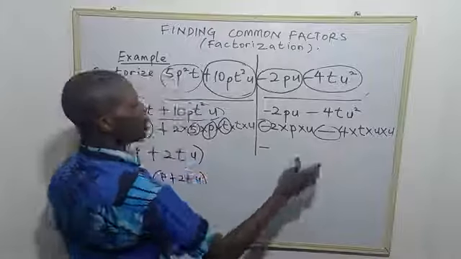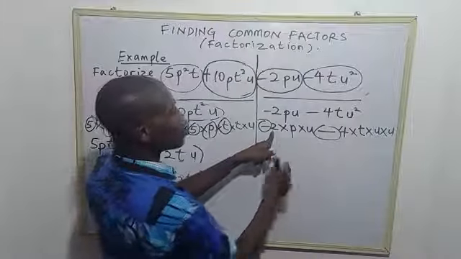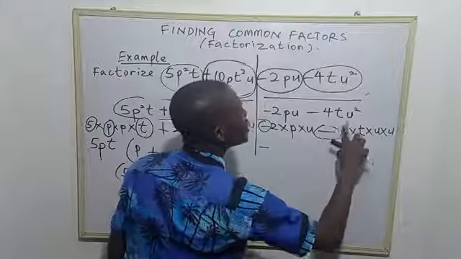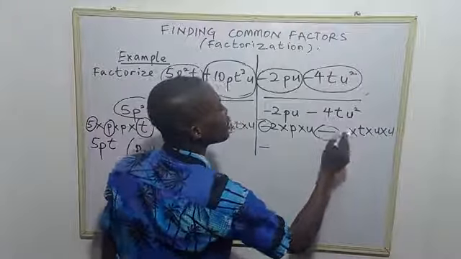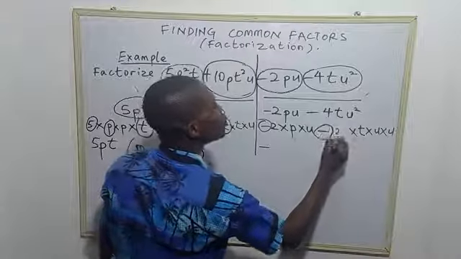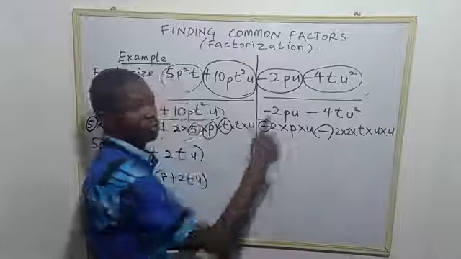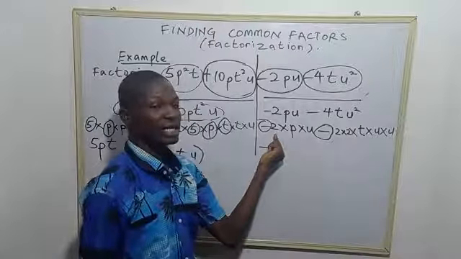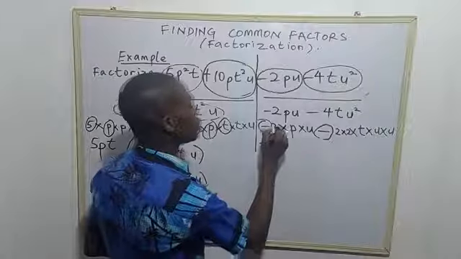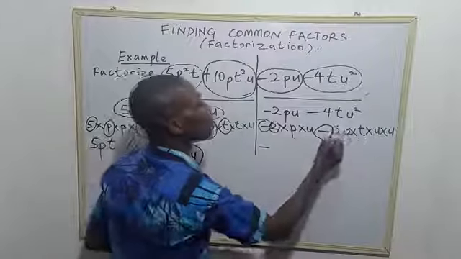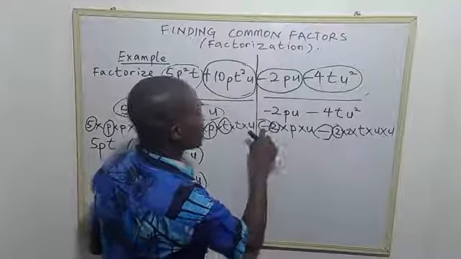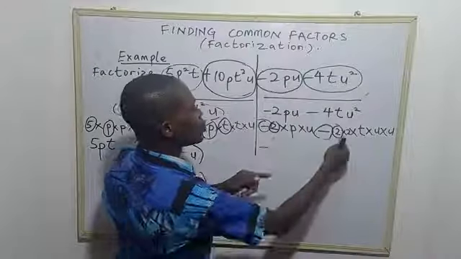What else? 2, yes. Oh, sorry. We are doing our expansion here, so it will be 2 times 2 instead of the 4, so that we'll be able to get our 2 from this place. So let's pick these 2. We have done for minus and minus, 2 and 2 there.